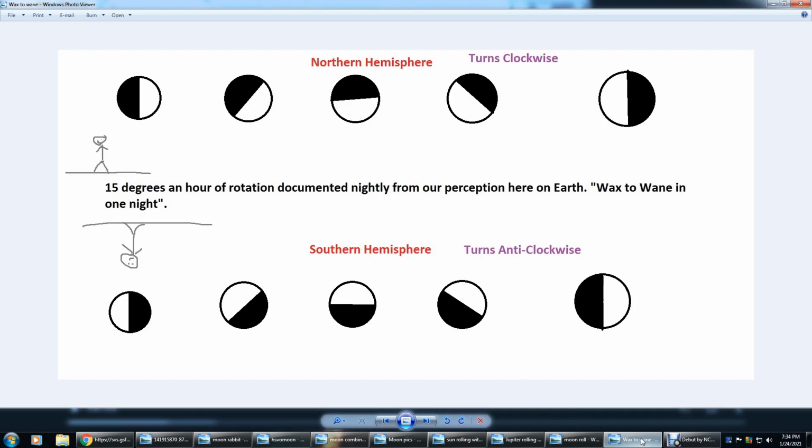No, this one. So this is waxing moon. Left side dark, right side lit. Now it takes a 2-week period to switch from waxing to waning. But the way the moon is rolling now in one night, you could see a waxing moon and a waning moon in the same night.